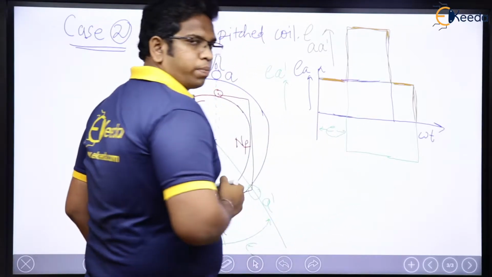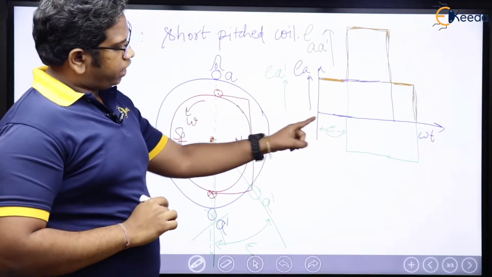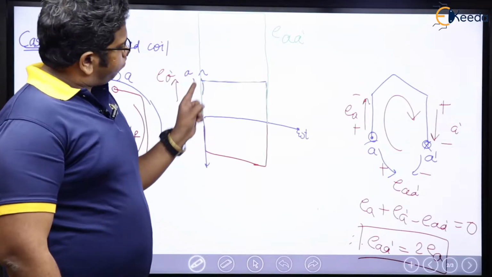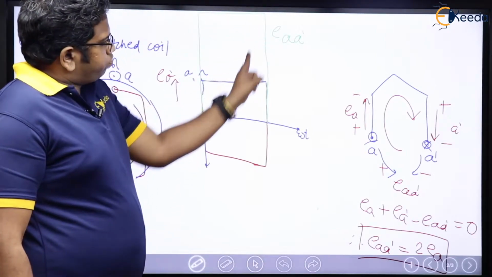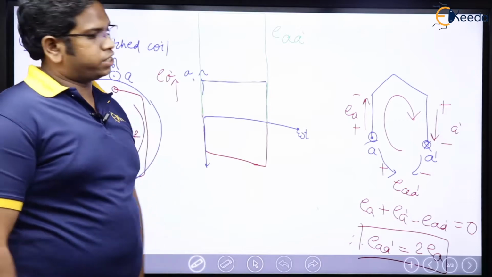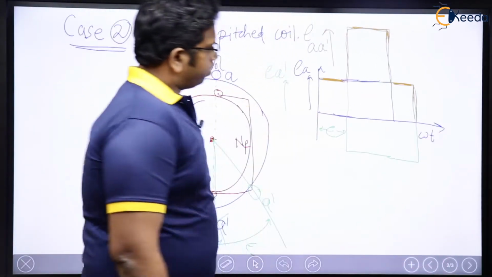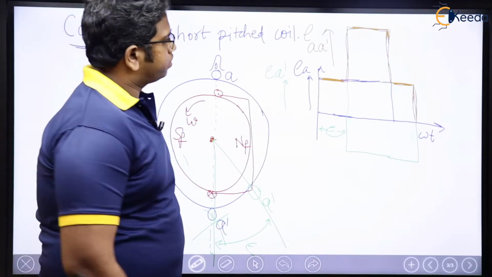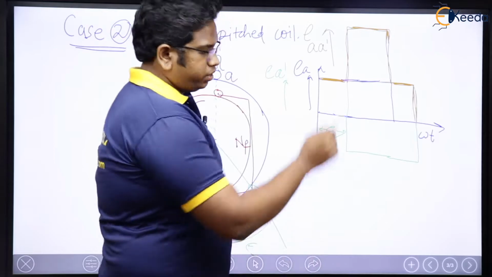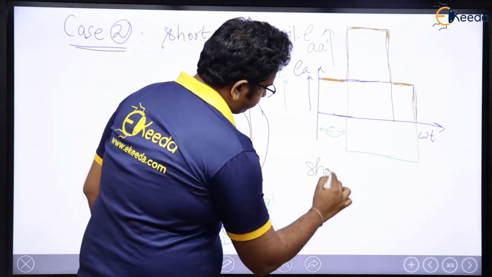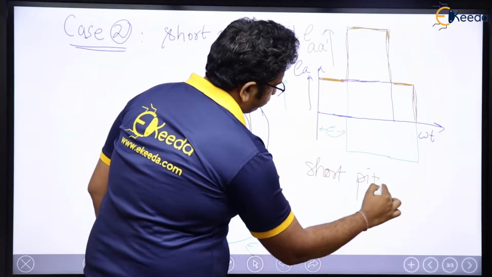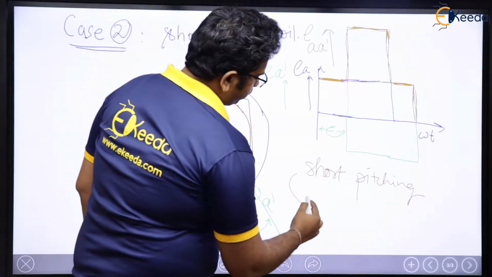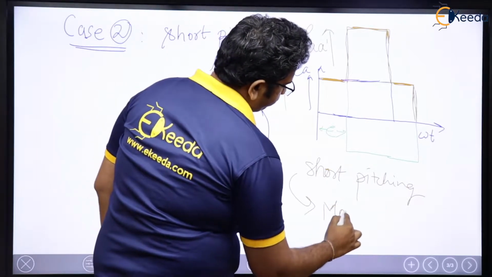A dash for short pitching. Now you please tell me, as compared to previously, EA dash was how much? This way, means it was only one single step, whereas now if you see, it has become what? Stepped, which means after short pitching, I have got induced voltage as more sinusoid.